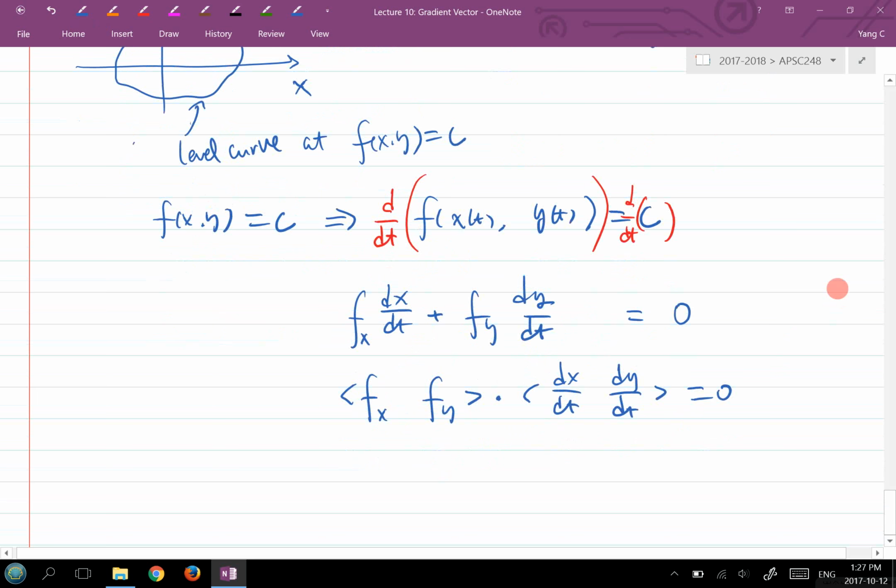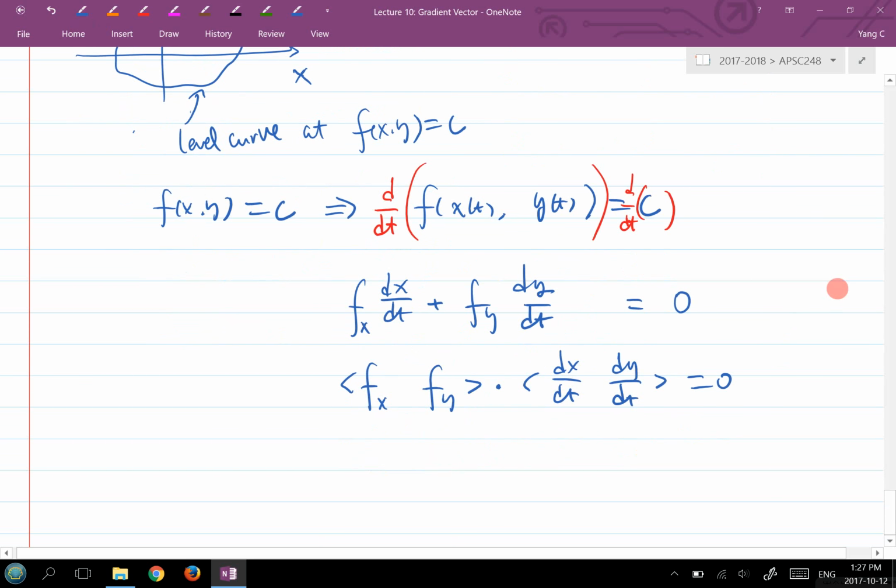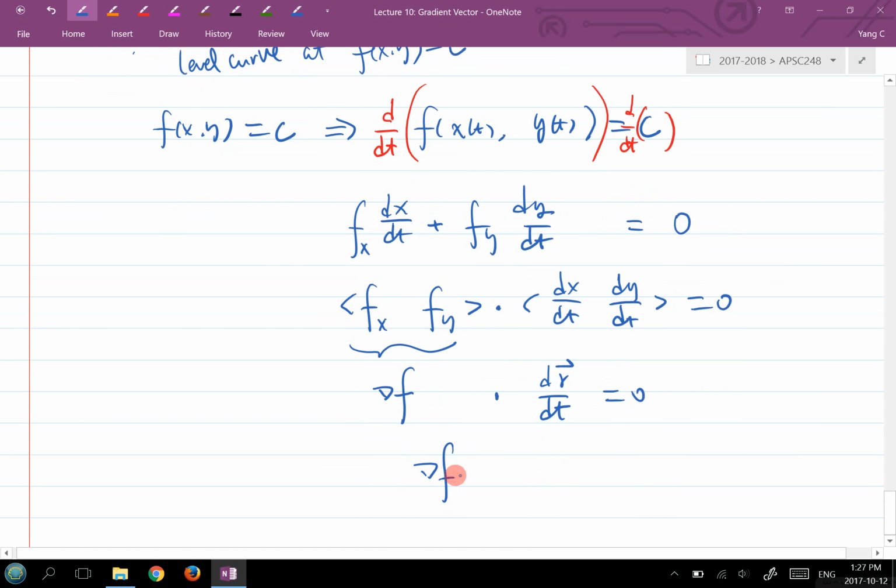It's this vector dotted with this vector. Now you can see the first part is the gradient, del f. And the second part, dx over dt, dy over dt, is the derivative of the parametric equation. The dot product of these two is 0, which means the two vectors must be perpendicular.